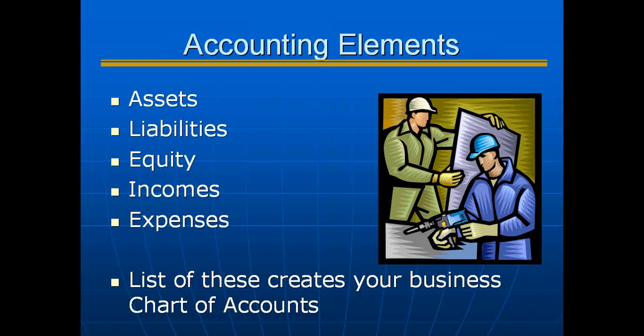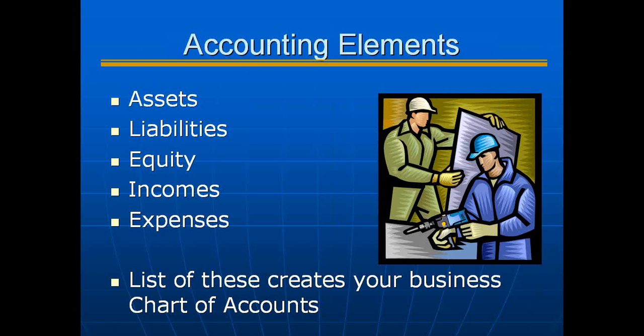So you have assets, these are things you own. You have liabilities, these are your bills and loans that you owe, and you have equity. This is the investment in the business. You may have put that money into the business. You may have inherited some of the assets that then become equity in the business.